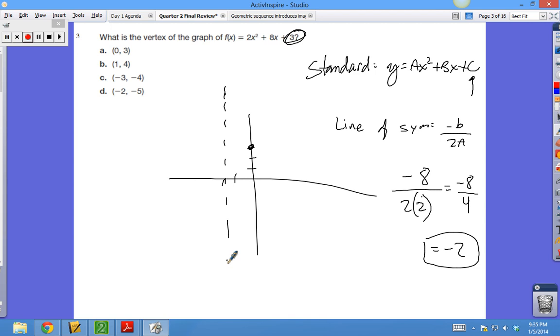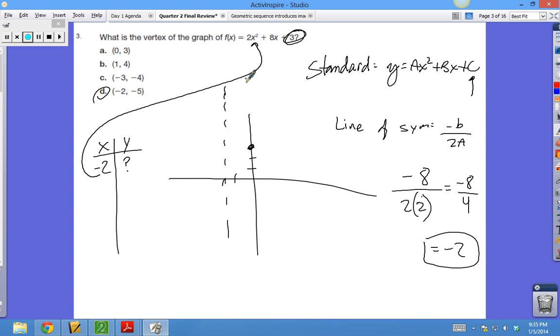And at this point I can stop and choose D, because that's the only x that's -2. But if you want to prove that the y is -5, that's not too bad. You take this -2 for x, and if you know what the x is but you do not know what the y is, you just plug it into your function for both the x's, do the math, and it will give you -5.